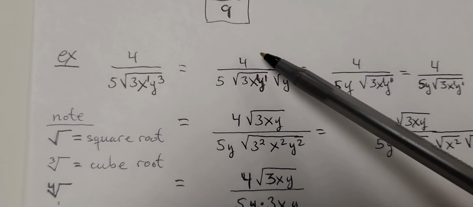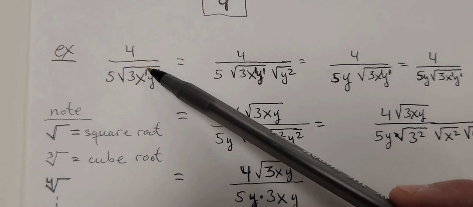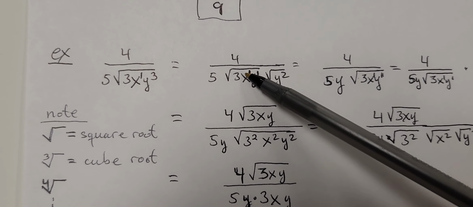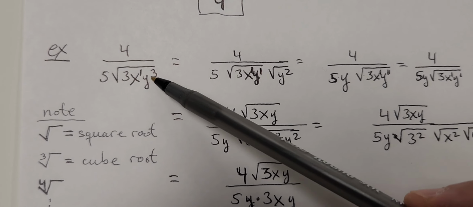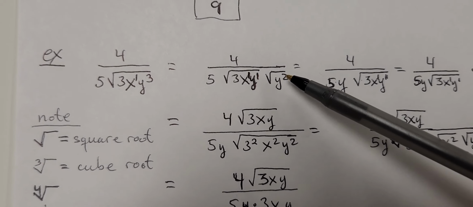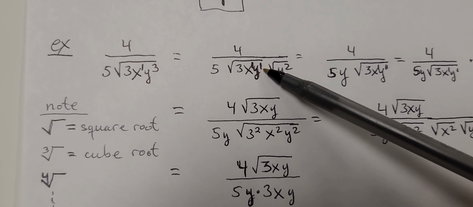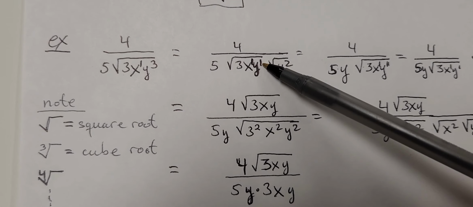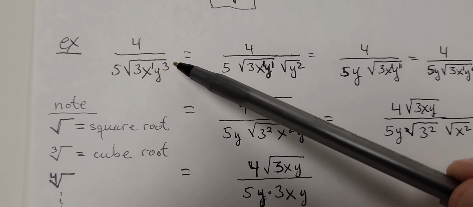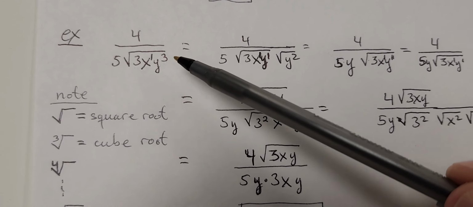So the top stays the same, the 5 stays the same, the 3x to the first stays the same. However, the y to the third can be separated into a group of 2. So here's the group of 2. However, I have an extra 1, the leftover y, because 1 plus 2 gives me 3.